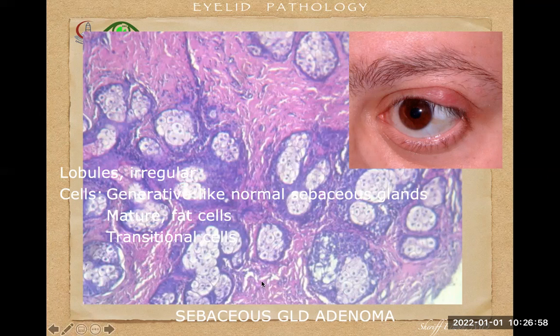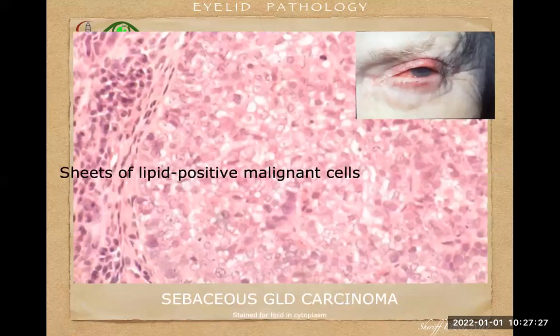You may find fat cells inside and transitional cells. So it is a sort of a benign proliferation of the normal structure of the sebaceous glands to form an adenoma that clinically or macroscopically looks like a chalazion.